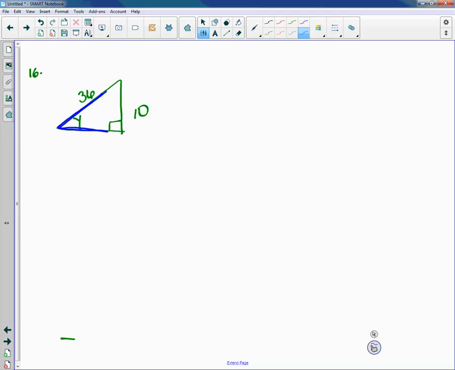Go ahead and put your O, H, and A in there, everybody. Circle what you have values for and tell me what ratio am I going to use: sine, cosine, or tangent. Do not call it out.